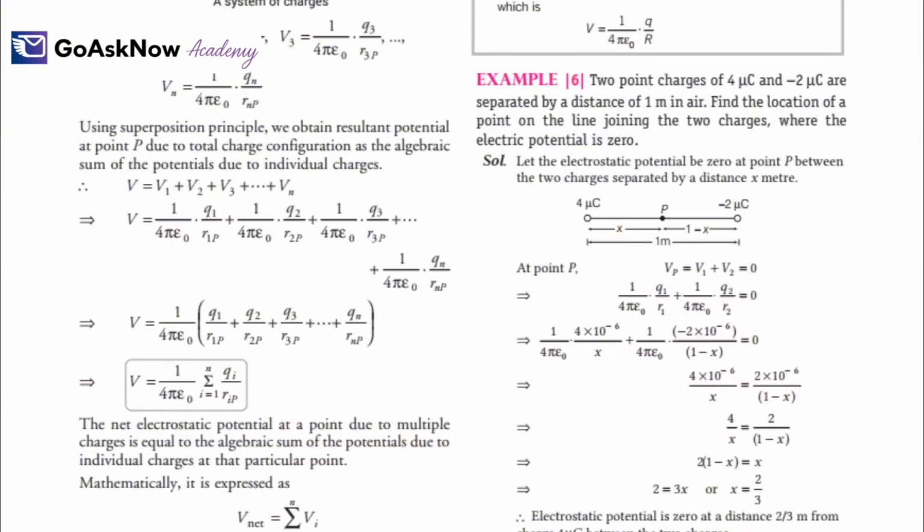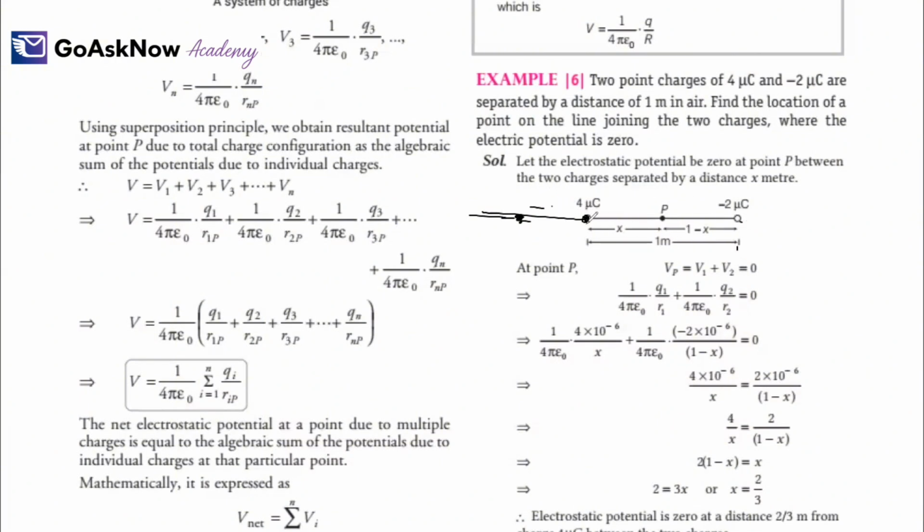Okay. So it is obvious that if you choose any point outside these two charges, like if you choose the point here, then the electrostatic potential due to this charge will be positive only, and due to this one it will be negative only.